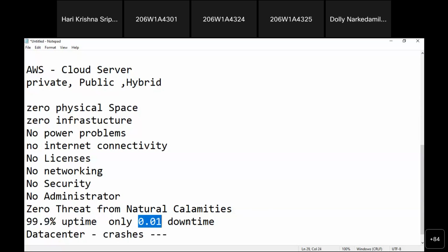The downtime is basically from nature, such as earthquakes or, for example, a tsunami. Nobody can stop this. At that time your uptime may change, right? That is the reason they are not giving you 100% uptime.